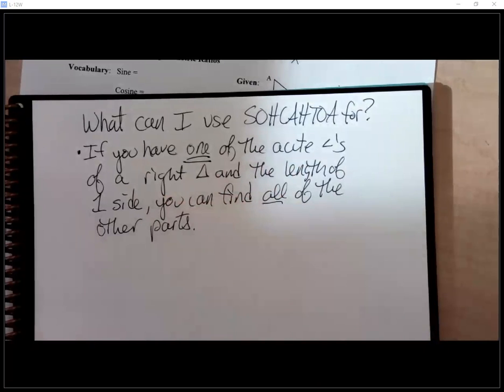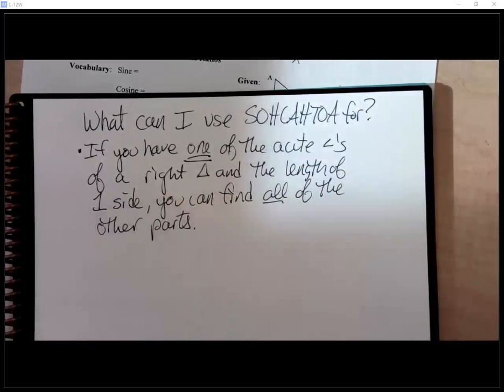So there's one thing you can do. This is so cool, and that's what we're going to practice a little bit once I tell you the second cool thing you can do with it.